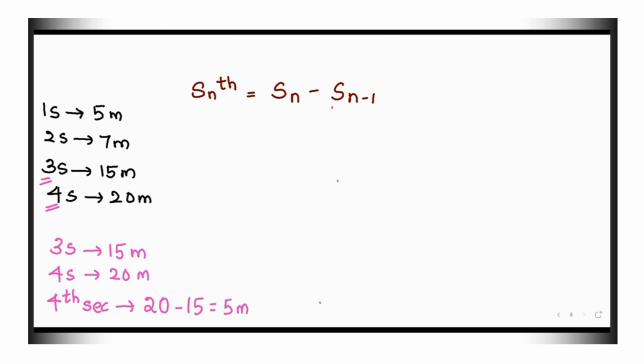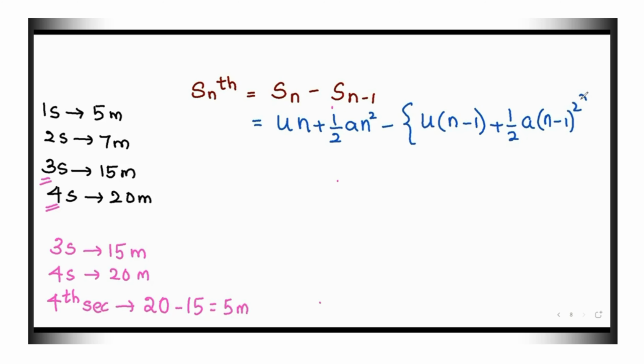Okay. We are not taking t seconds because it is very difficult to say tth second. Nth second is easy to say. So what is Sn? un plus half an square minus, for n minus 1, wherever you see n, you put n minus 1: u into n minus 1 plus half into a into n minus 1 the whole square.